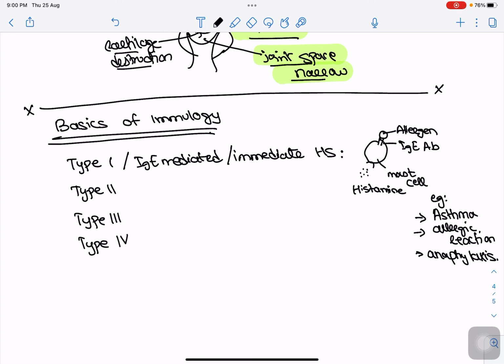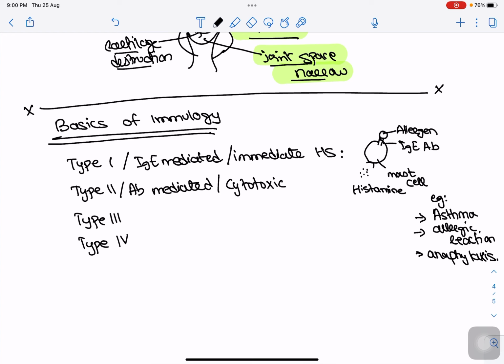Now if we read about the antibody-mediated cytotoxic type 2 reaction, also known as cytotoxic type 2 reaction, the IgG or IgM antibody deposits and binds to a cell membrane or matrix-associated antigen, leading to lysis of the target cell.